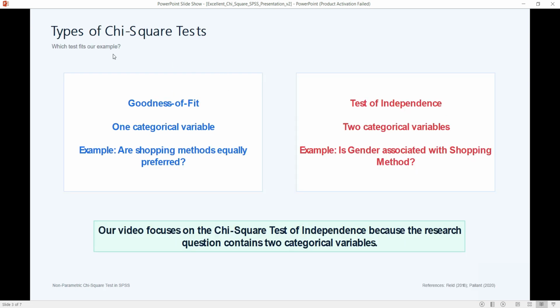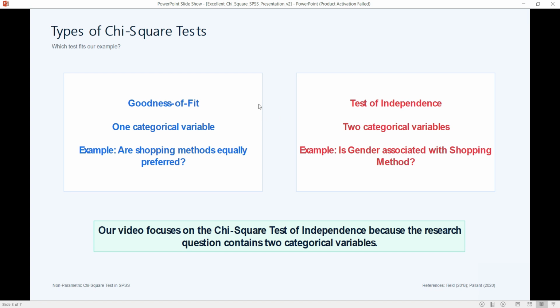And this is the most important thing: there are two types of chi-square test. Goodness of fit is used when there is only one categorical variable, for example, are shopping methods equally preferred? We are not working on goodness of fit because we have two categorical variables. The case is the test of independence.